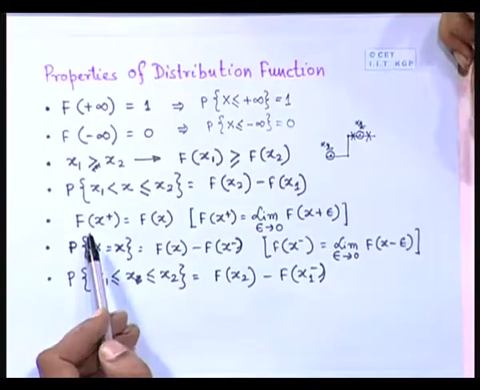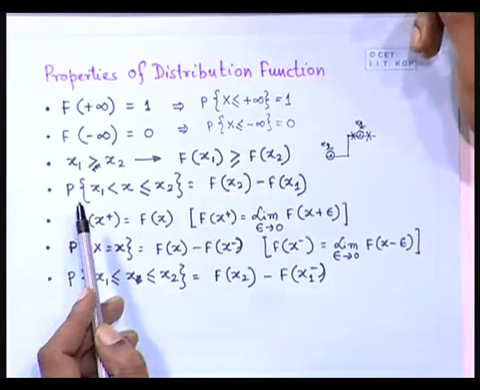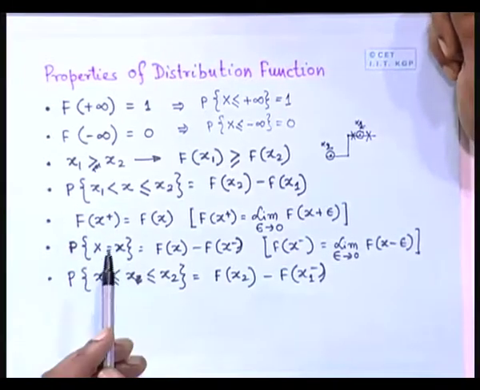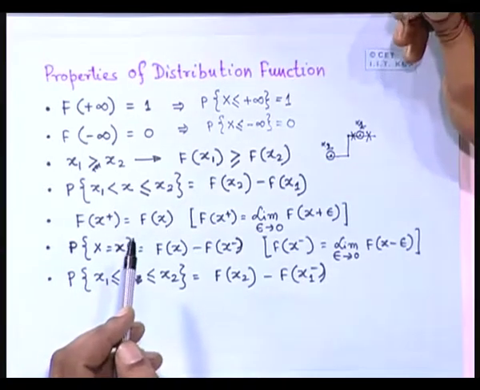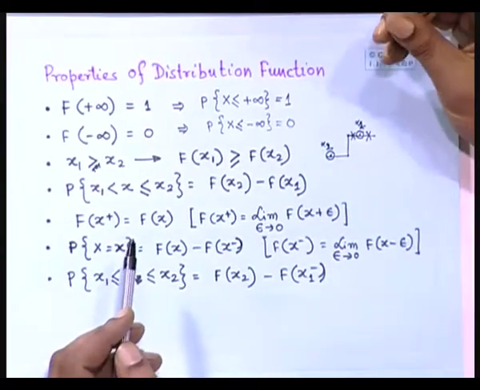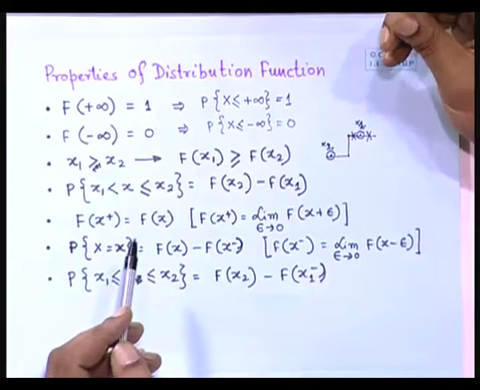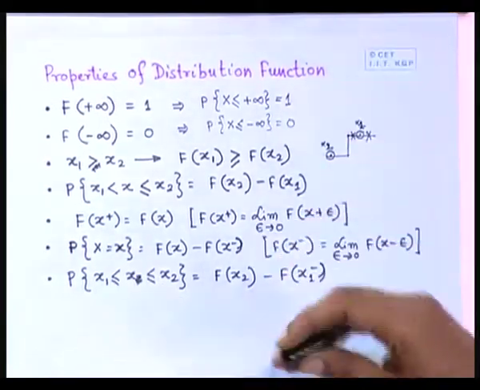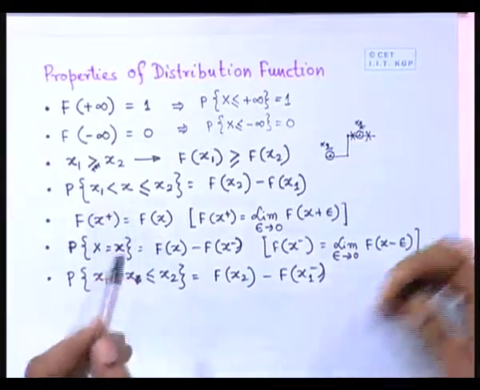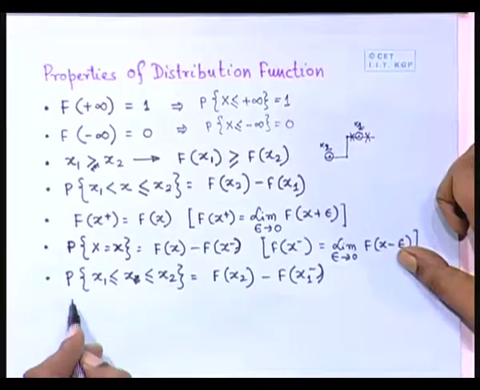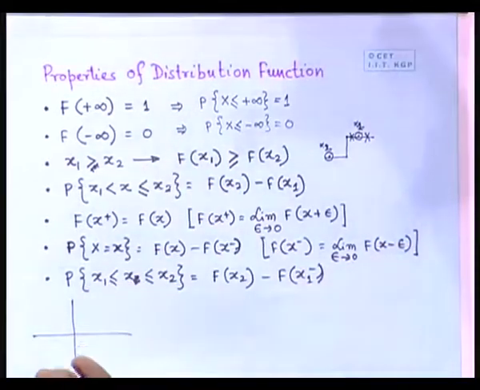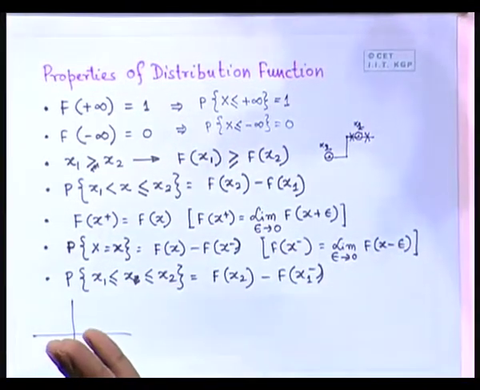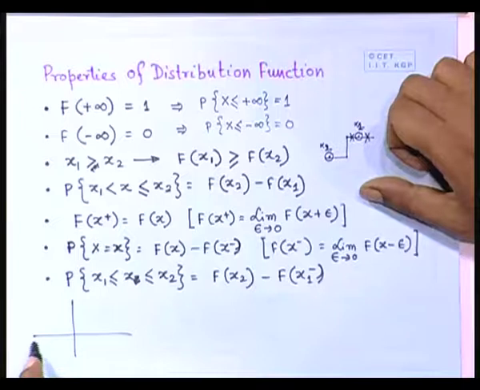So this property should be satisfied. But doesn't this depend on what variables we have chosen, what x1 and x2 we have? No, it does not depend on that, because as I am moving x on the axis, I am actually increasing the set of outcomes all the time. So the probability cannot decrease. See, what is the range I am considering?